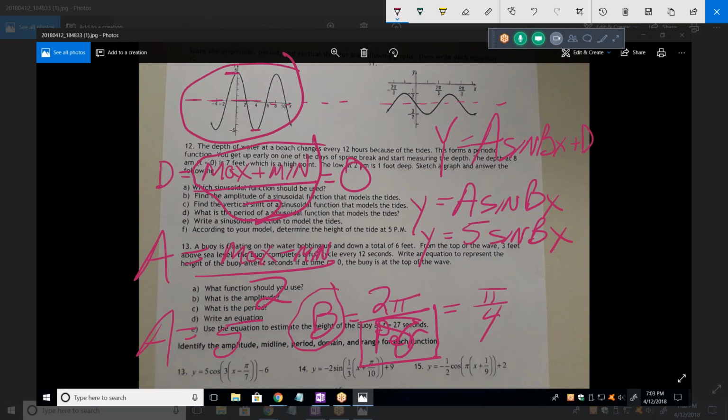Now what's my final equation? y equals 5 sine of pi over 4 x. There you go. That's 0 vertical shift. It's got an amplitude of 5, and it's got a period of 8, which translates to a b of pi over 4.